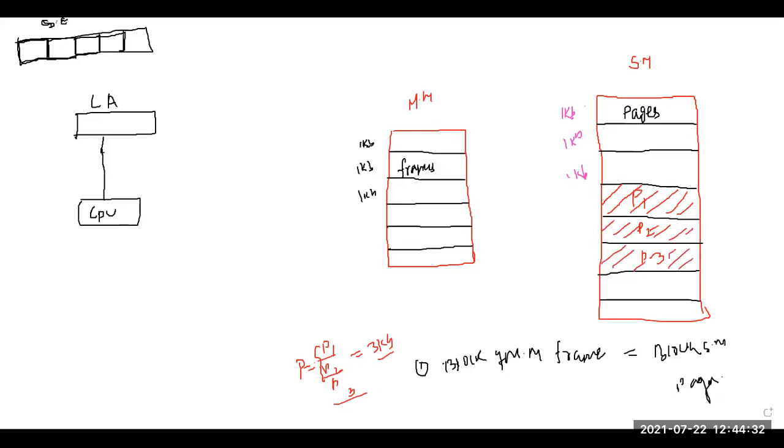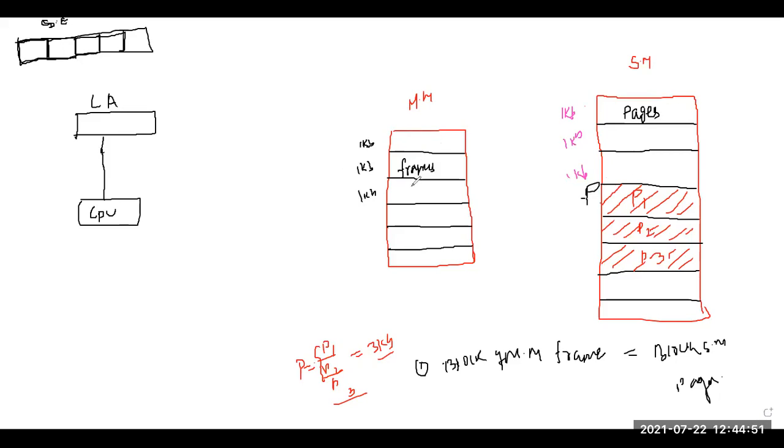Now before execution, I have to shift this process P to the main memory. As this is a non-continuous allocation, I can place this process anywhere.